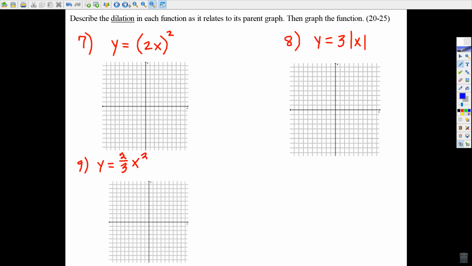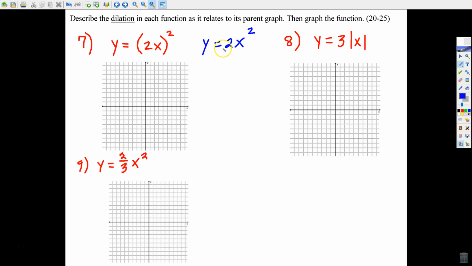Okay, I'm not going to take the time to do the graphs, but I wonder if you can tell me the dilations in a couple minutes. When the number was outside, we went over an example like this previously. Was this vertical stretch or vertical compression? Stretch.